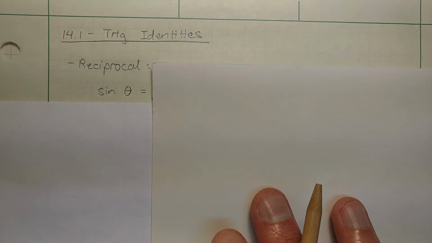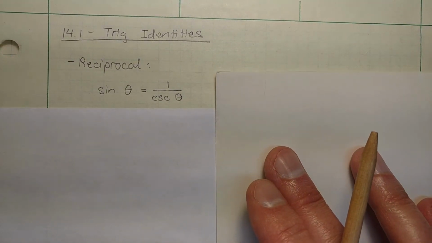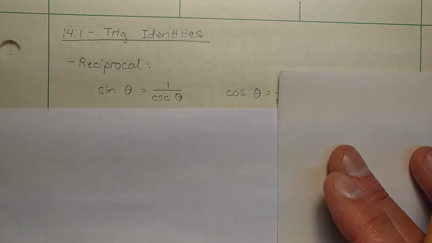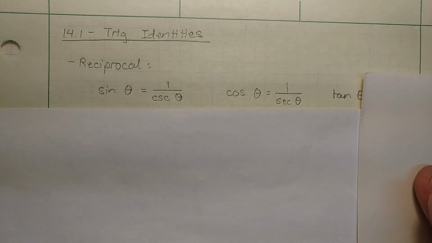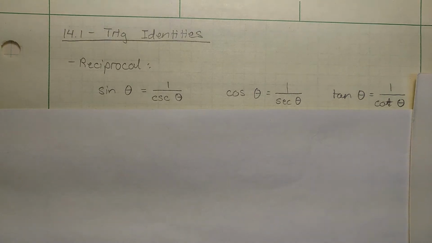So the sine function, we already really talked about this in the last section in 13.8 when we looked at the graphs. So we said, okay, what's the reciprocal of the sine function? Well, it's the cosecant. And then we could also look at the cosine of theta and say, what's its reciprocal? Well, you should all remember from 13.8, it's the secant. And the tangent would be the cotangent.